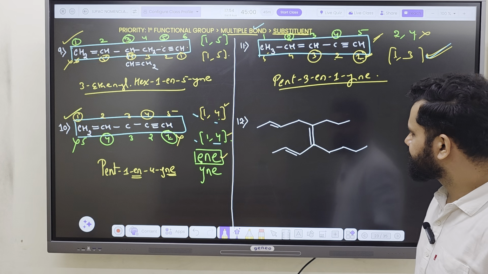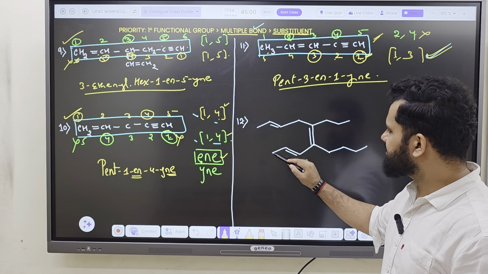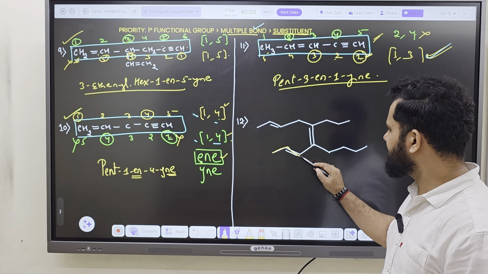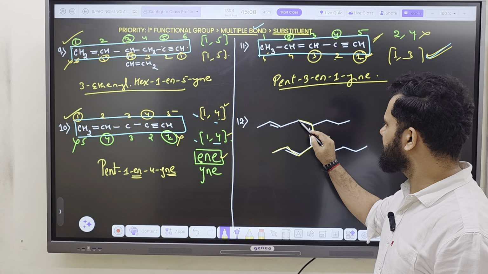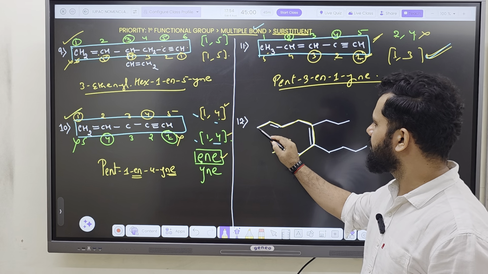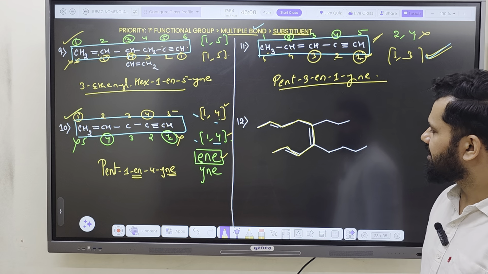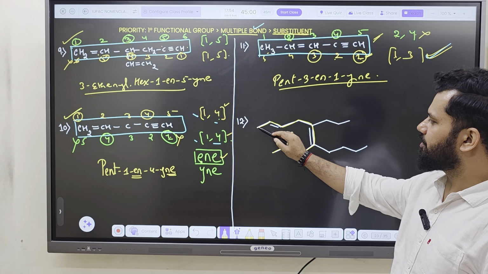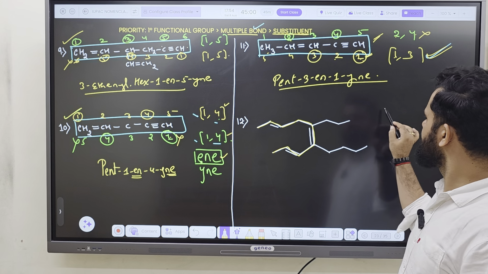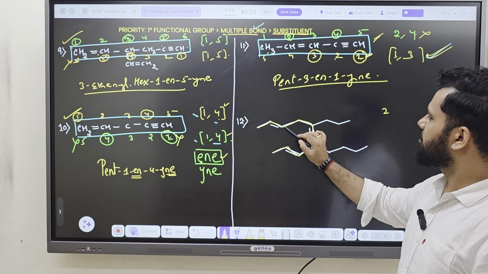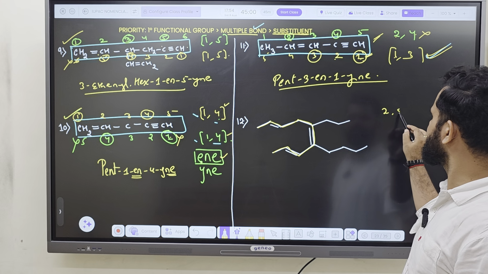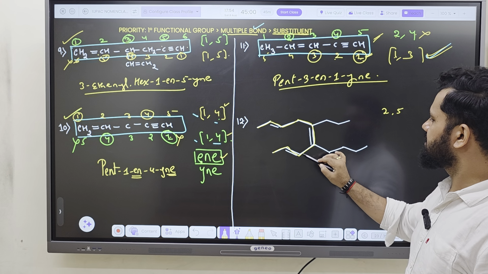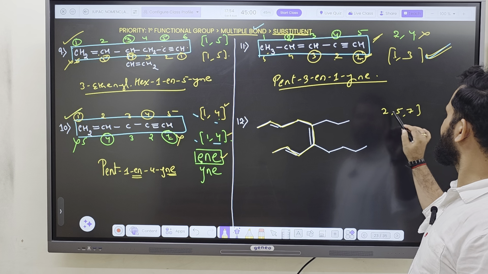Let us check. So the PCC is going to be this one. Why, sir? Because it contains the maximum number of multiple bonds. Now, if I come from the top, then my set of locants is 1, 2, second position there is a double bond, 3, 4, fifth position there is a double bond, 6, seventh position there is a double bond.